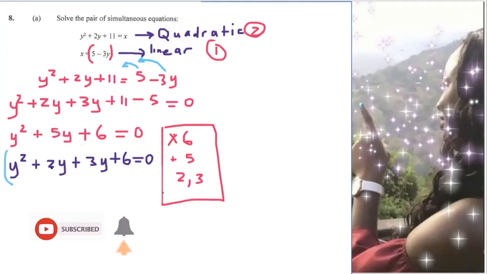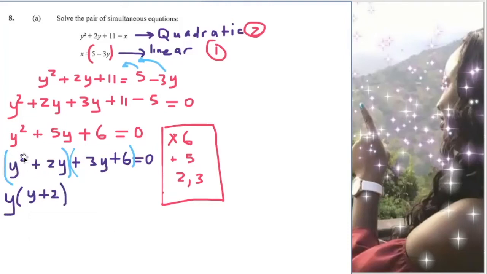Now grouping, in the first bracket, we look at what we can factor out. We can factor out a y, and what is left? y plus 2. If somebody's wondering how I got y plus 2, remember, y squared means y times y.